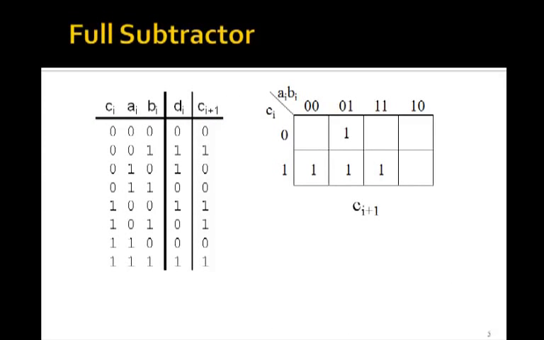If we look at the borrow, the Ci plus 1, for the full subtractor, it's a little different than the full adder. Here we have minterms 1, 4, 5, and 7. So here we in general would have 3 circles, but let's do the same thing we did for the full adder.